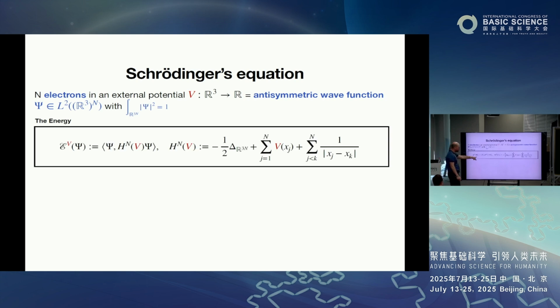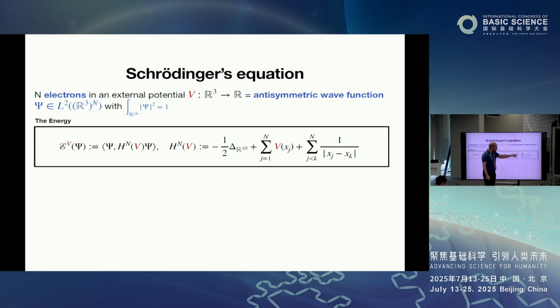And now, how do you compute the energy of your atom? You define the energy as a quadratic form in psi, where this operator is the Schrodinger operator. You have the Laplacian, which is the kinetic energy. Then you have your confining potential V, and then you have the standard Coulomb potential.